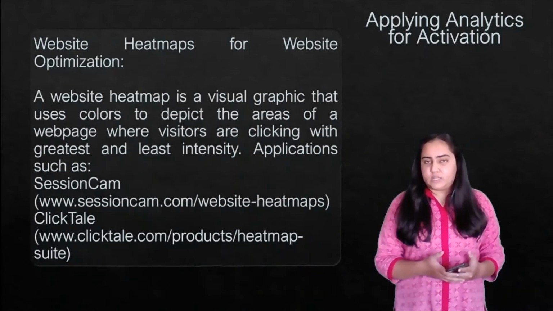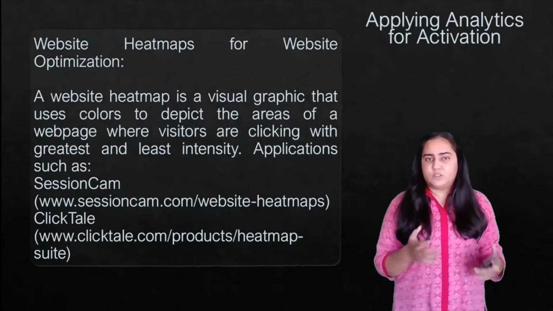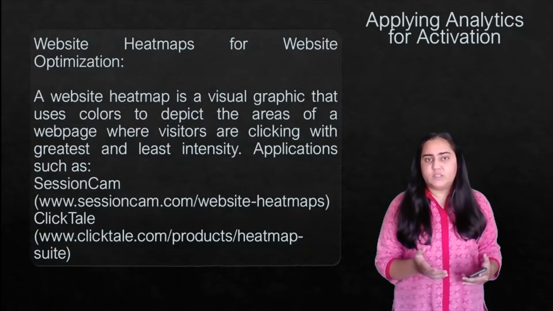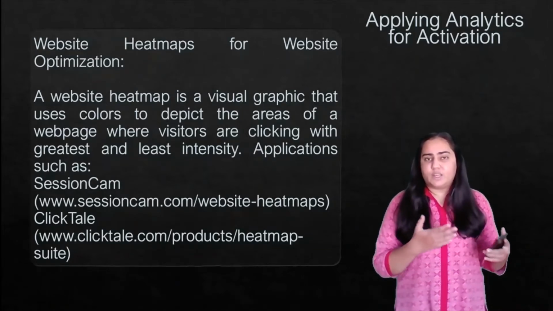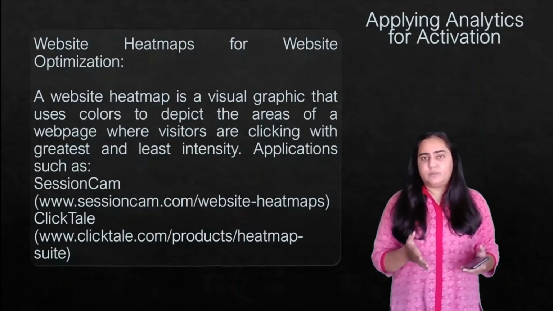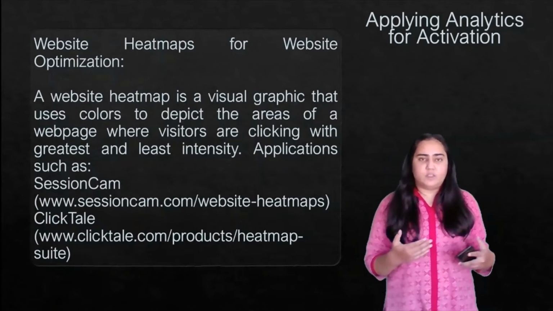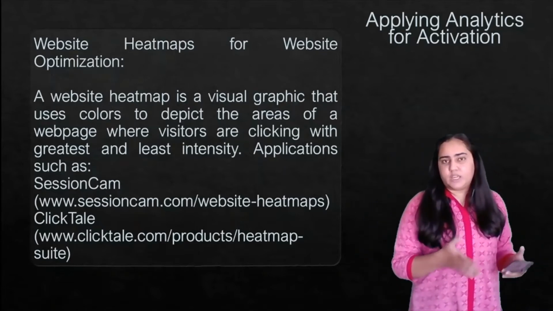What is a website heat map? A website heat map is a visual graphic that uses different types of colors to depict the areas of the web page where visitors are clicking with greatest and least intensity. It derives its name from the way heat works.